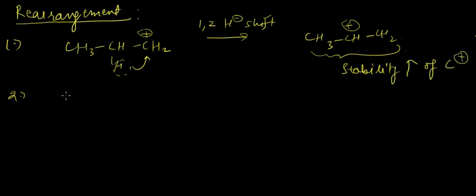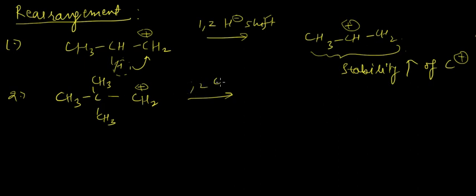Second, if we have something like this, what will happen in this case is, obviously we also know that on this carbon atom we would have more stability. So we would have a 1,2 CH3 minus shift. What will happen after the shift?